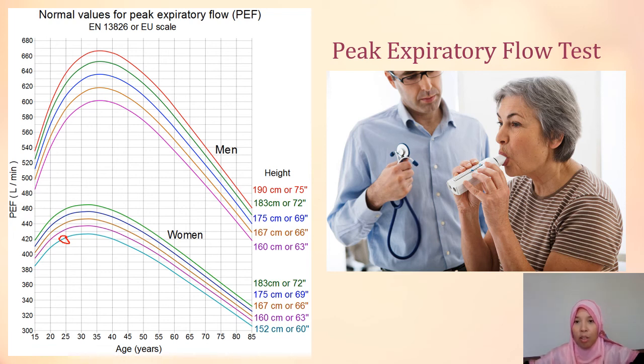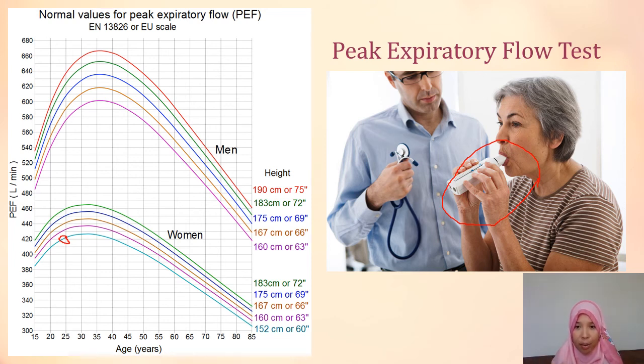Okay, so using your peak flow meter, in the picture on the right you see that this lady is blowing into a peak flow meter. How you do this test is that you just hold it, just like this lady is holding it, and then you inspire as deeply as you can, slowly, taking your time, up to the point where you cannot inhale anymore.